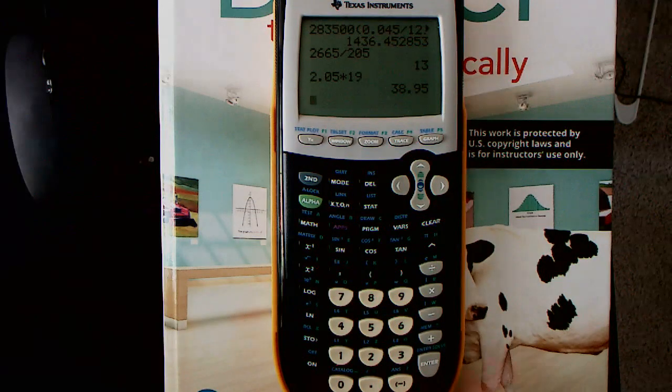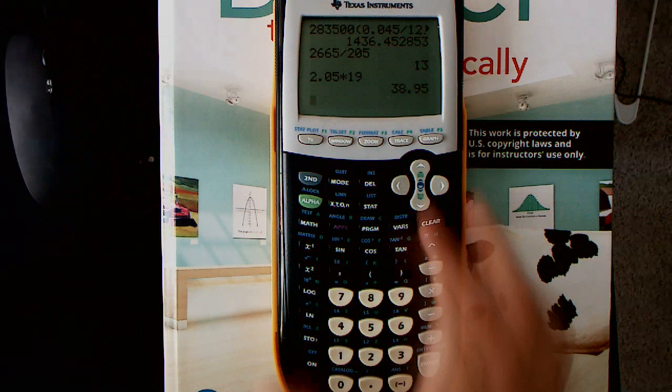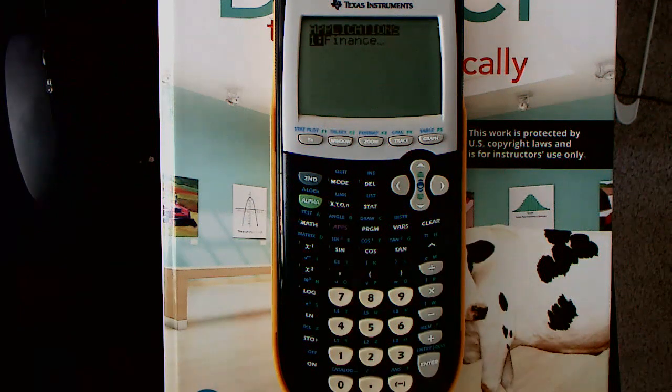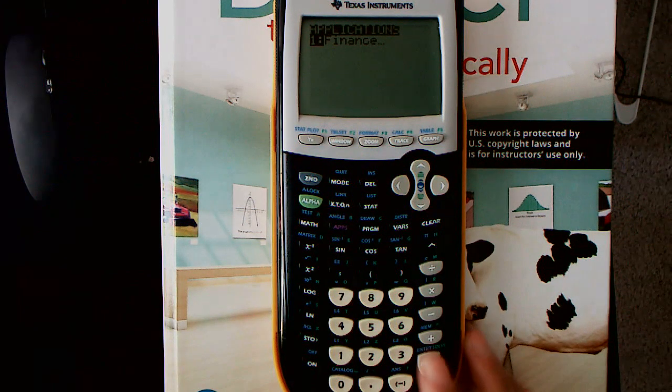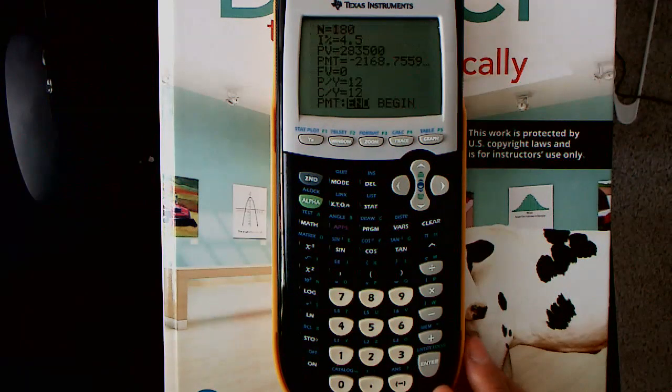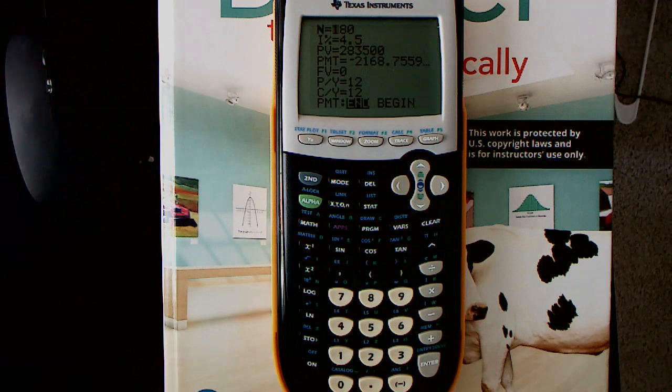Okay, go to the app, confirm Finance, confirm TVM Solver. So we see the same thing as yesterday, right? We used the same app to process compound interest problems, and today we use the same app to process annuity. So we are processing an annuity problem.